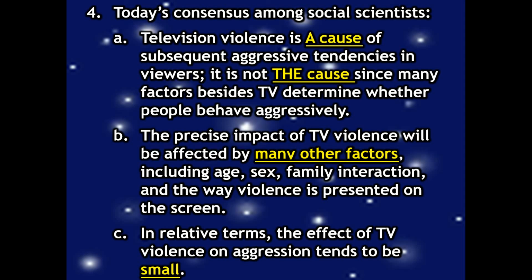The precise impact of TV violence will be affected by many other factors, including age, sex, family interaction, and the way violence is presented on the screen. There's a whole lot more that's going on. So in relative terms, the effect of TV violence on aggression tends to be small. It may be one contributing factor, but by and large, it's not going to be the primary or the only contributing factor.